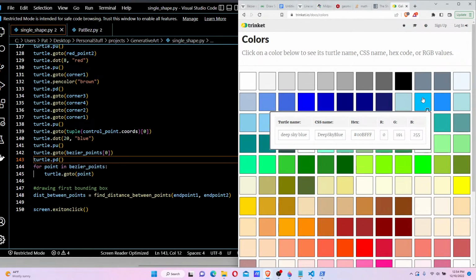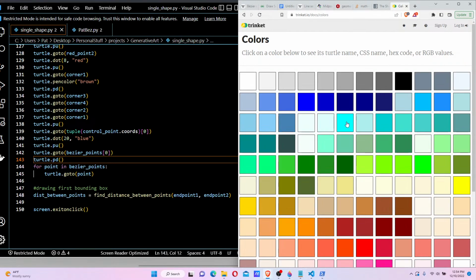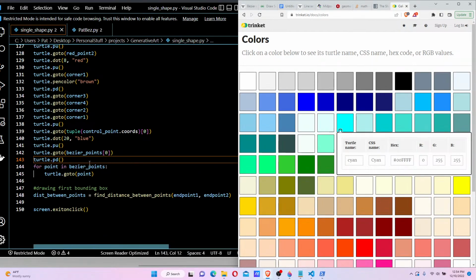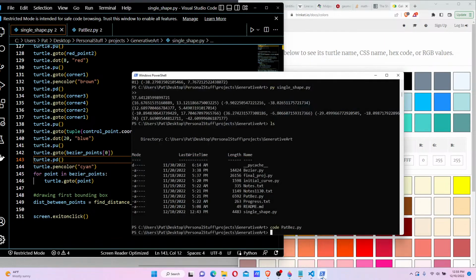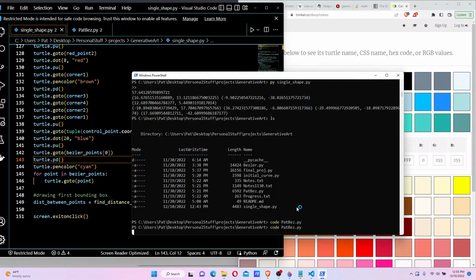Cornflower blue, deep sky blue, cyan. So turtle.pen color cyan. Okay. Now, what's that look like?